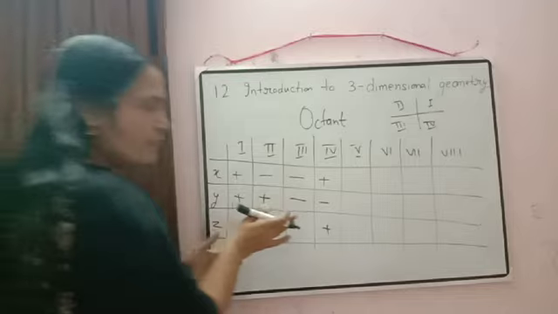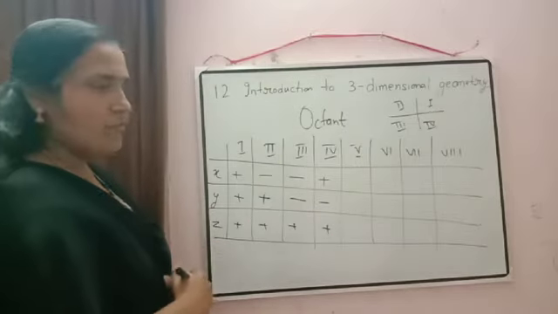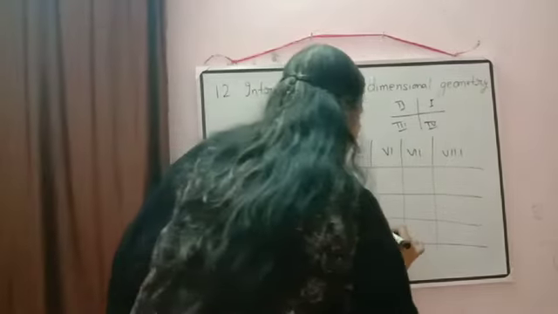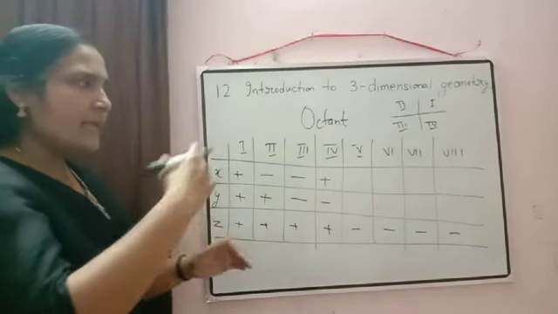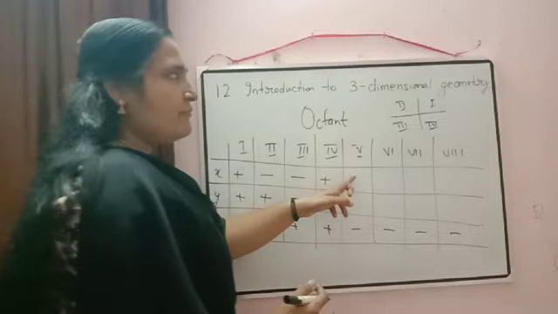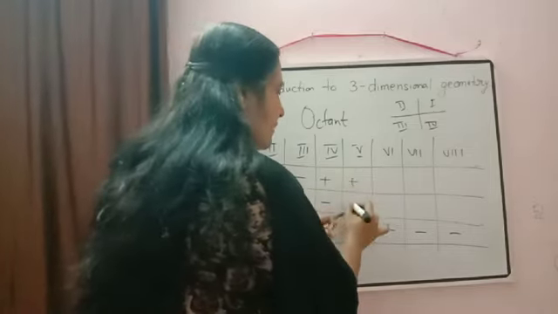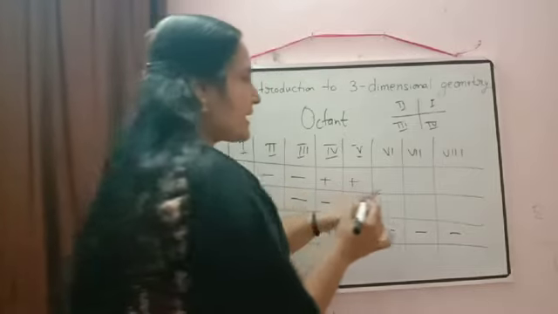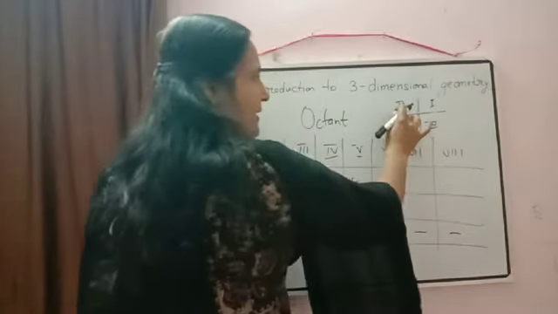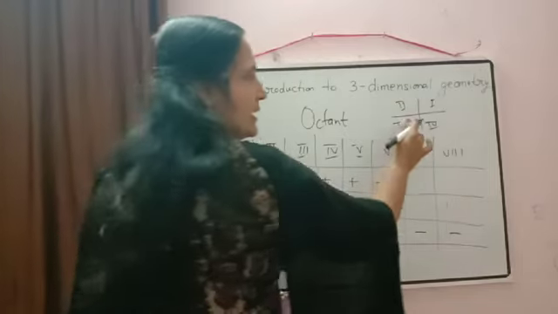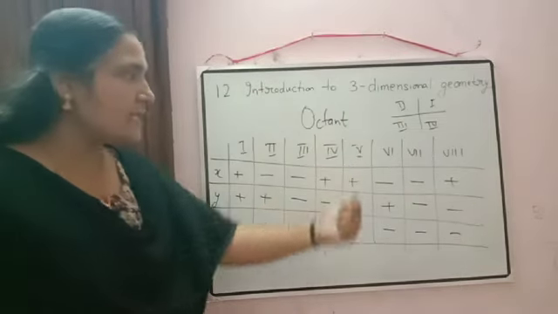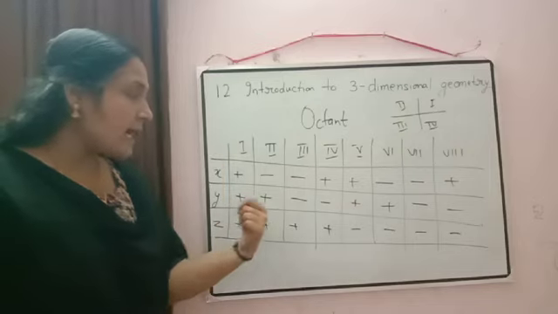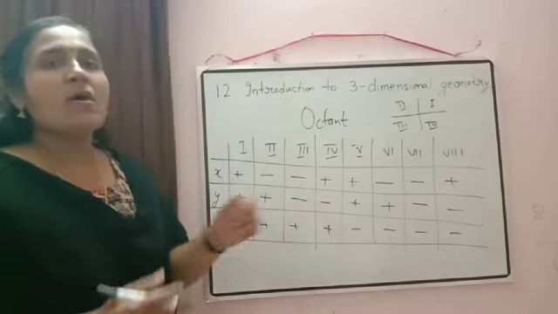Now for the remaining ones, what will we do? Take the z coordinate negative, for all of them, and then start with the same again. In the first quadrant, both x and y coordinates are positive. In the second, x is negative and y is positive. In the third, both are negative, and in the fourth, x is positive and y is negative.